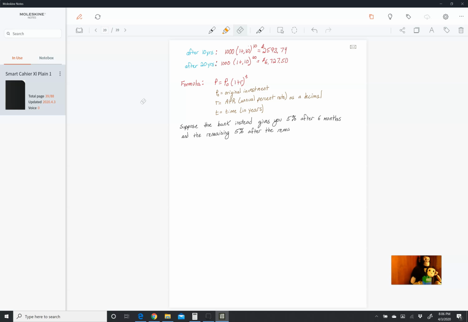So we don't usually say it like this. What we're really saying is you go into a bank to invest $1,000, with an APR of 10%, compounded semi-annually.